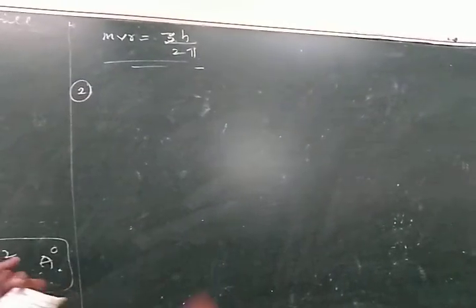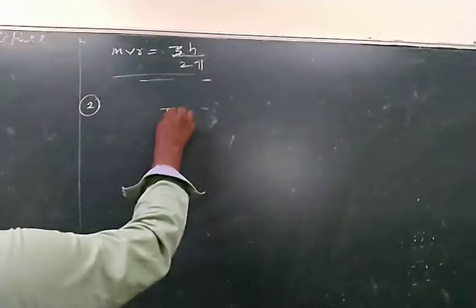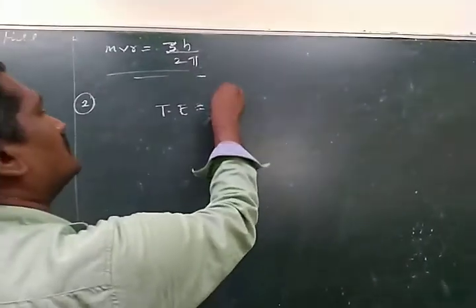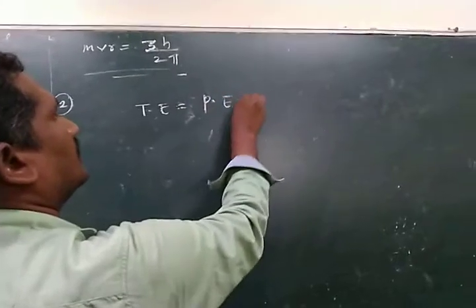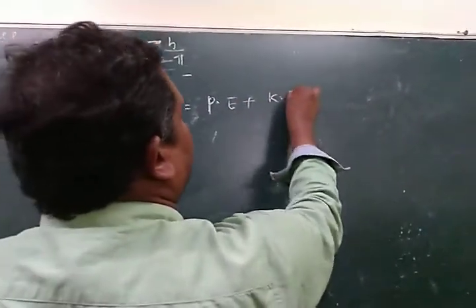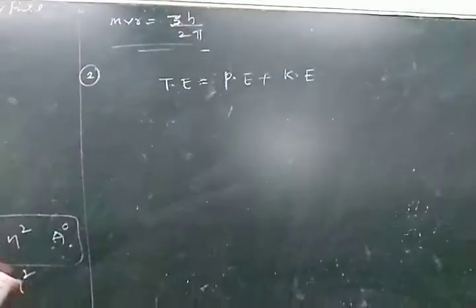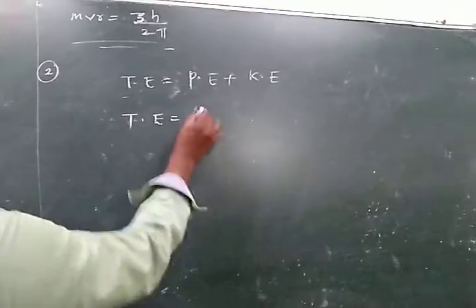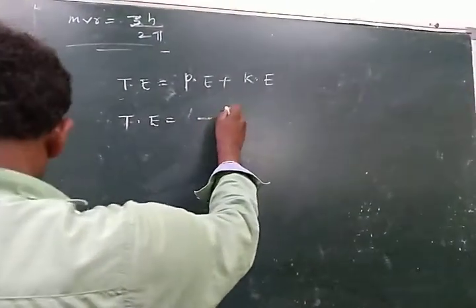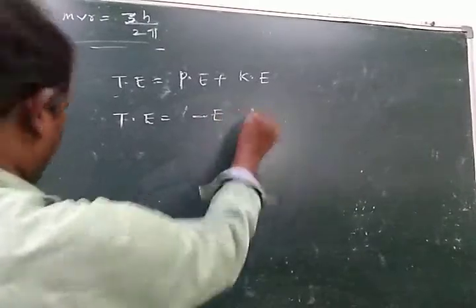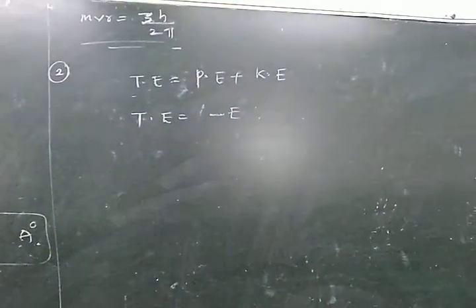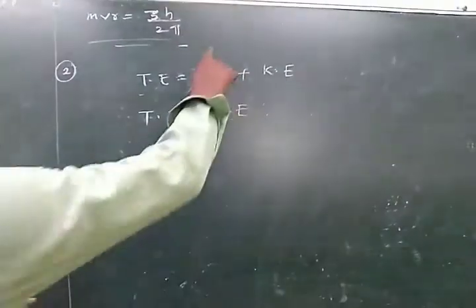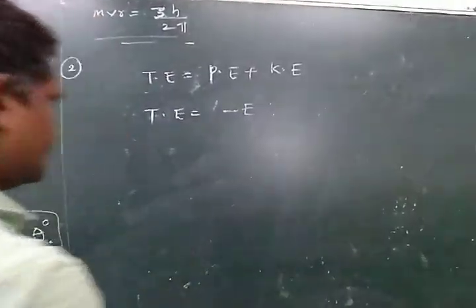They have given total energy of the electron in an atom equal to potential energy plus kinetic energy, equal to minus E. They are asking for the potential energy and kinetic energy.